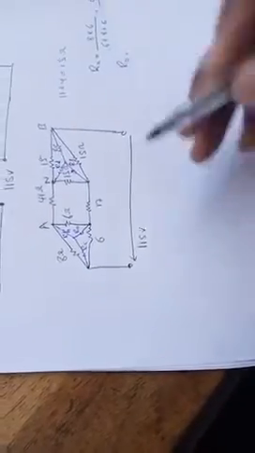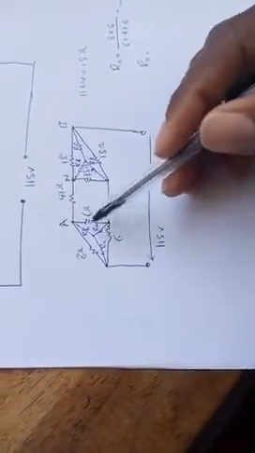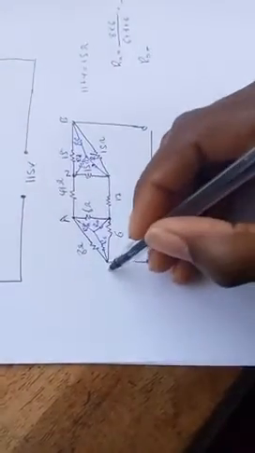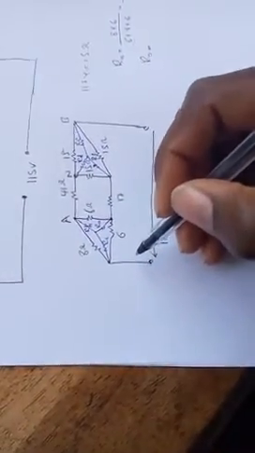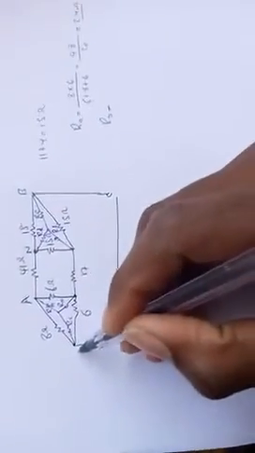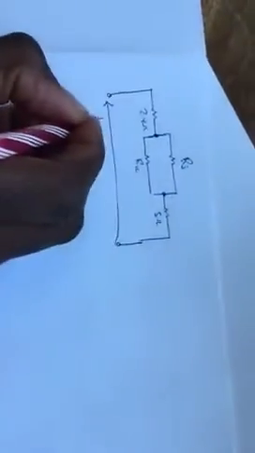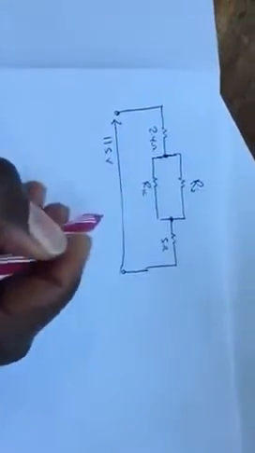RB, the two resistors there and there. I can name this RP, which is 2.4 ohms. This is a 5 ohm. Here's 115 volts.